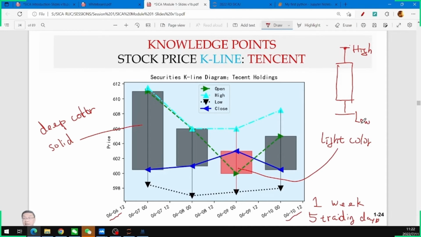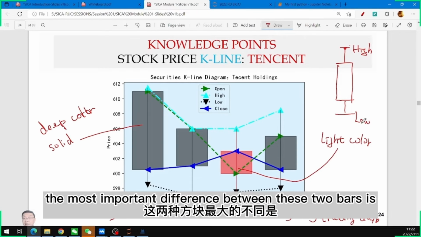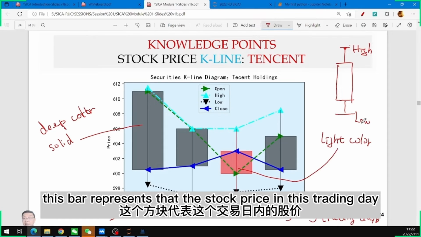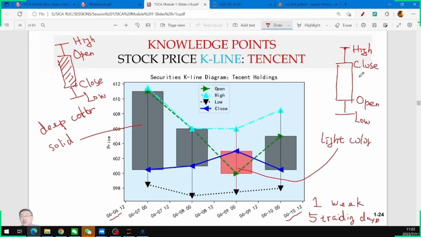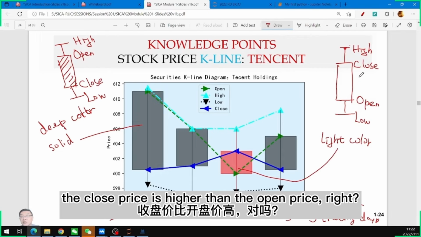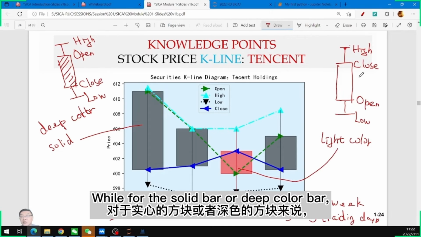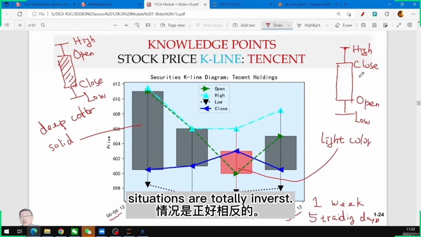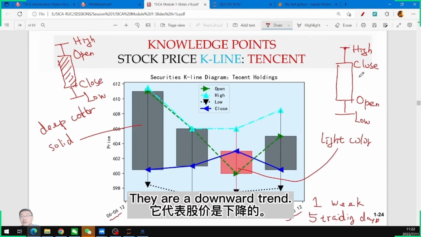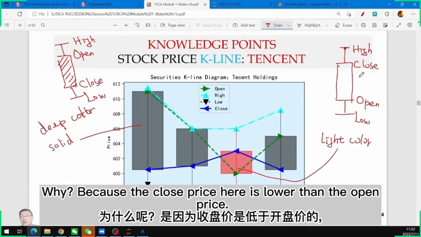The most important difference between these two bars is that this bar represents that the stock price in this trading day is an upward trend, because the close price is higher than the open price, right? While for the solid bar or deep color bar, the situation is totally inverted. It is a downward trend. Why? Because the close price here is lower than the open price.